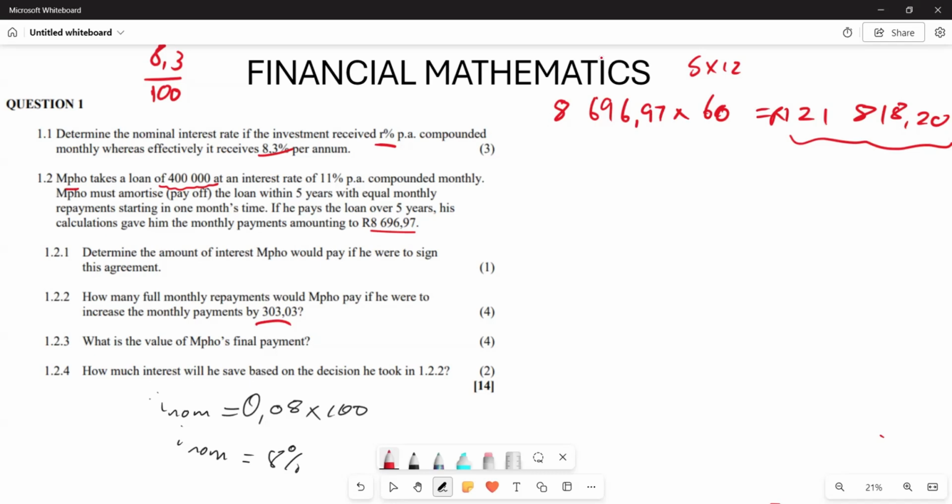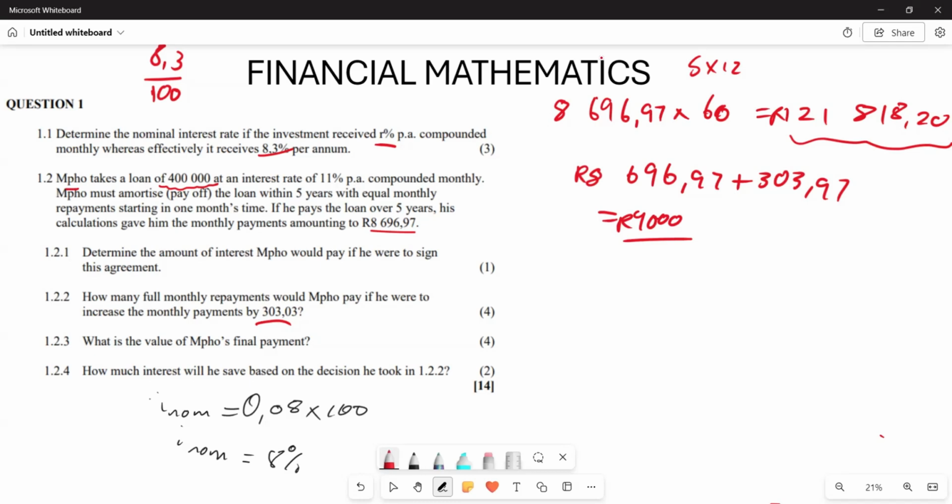The amount Mpho was paying, 8,696.97, is now plus 303.03, which means Mpho is now paying 9,000 instead of 8,696.